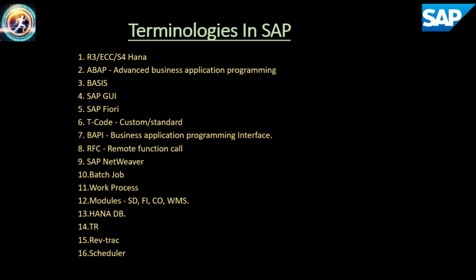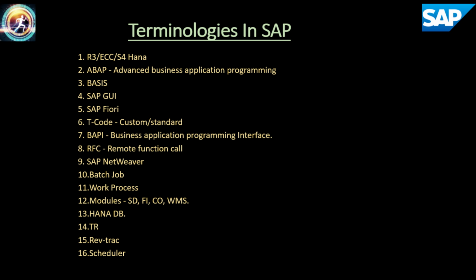T code is another very commonly used terminology. It stands for transactional code. T codes are like commands, for example printf, which is a command. If we do printf, it prints whatever we are asking for. Similarly, these transactional T codes are commands using which we can execute a feature or functionality.